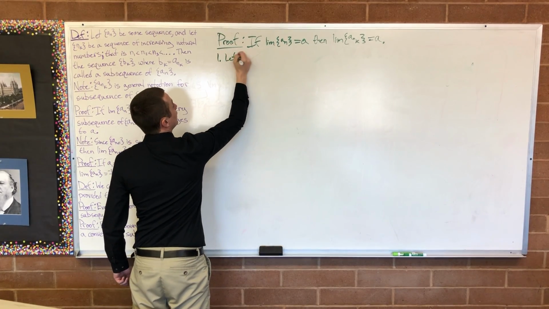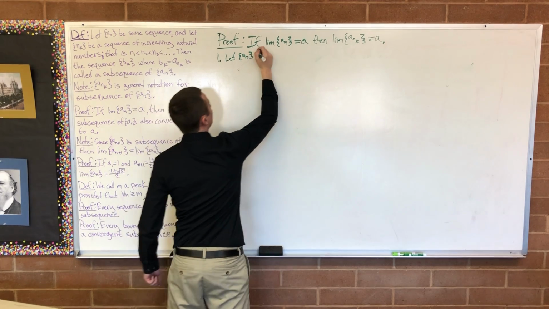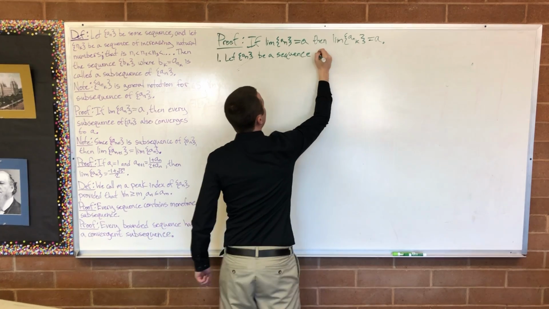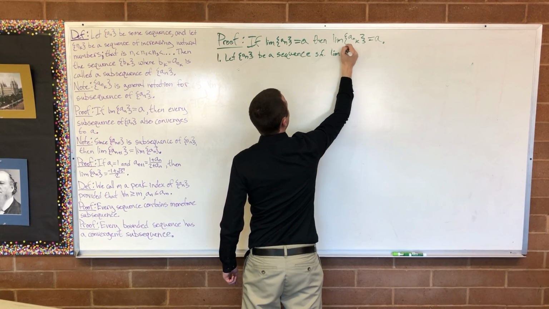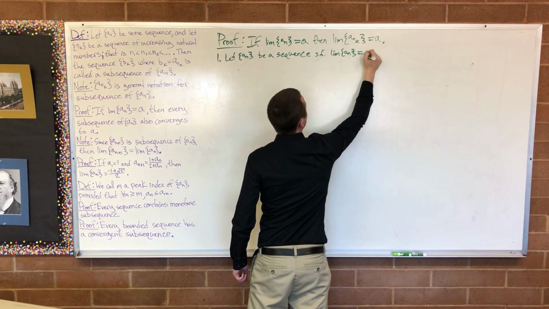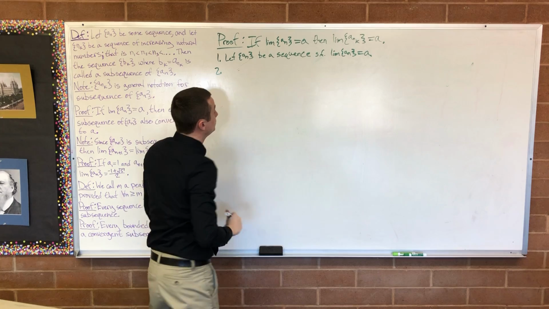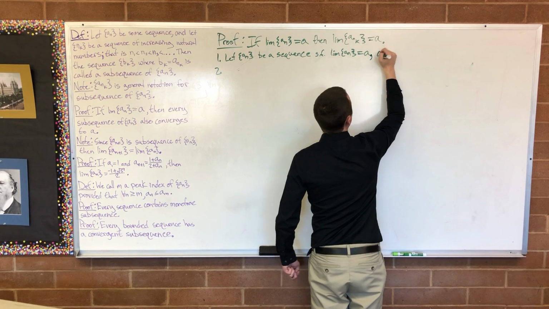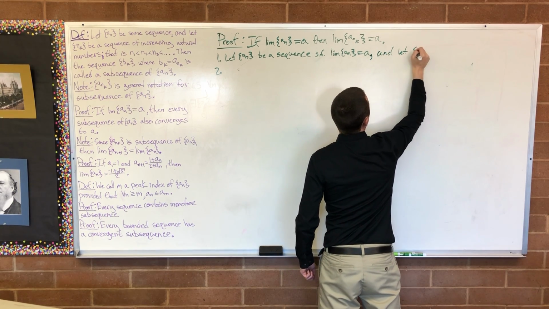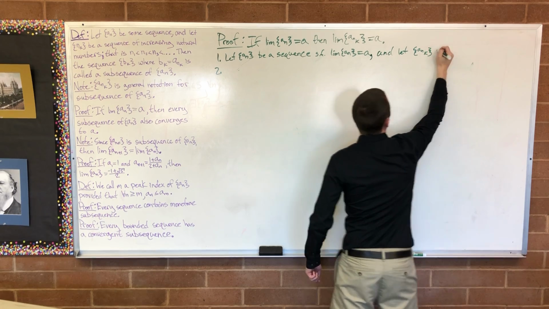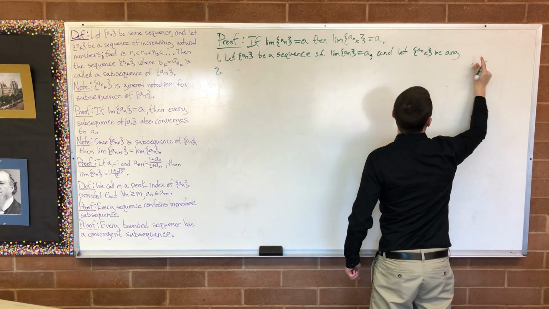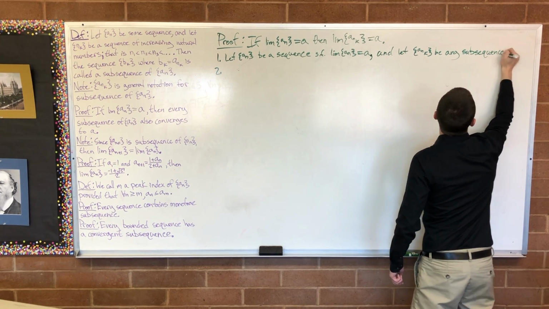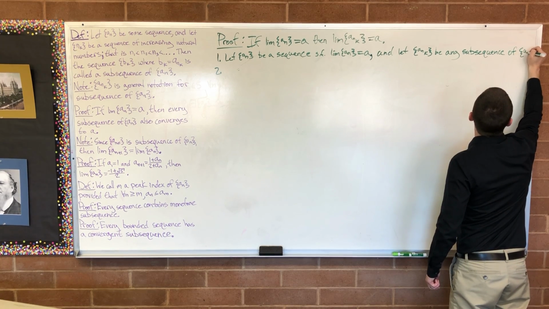So 1, let A sub n be a sequence such that the limit of A sub n is equal to A. 2, sorry, we need to get our subsequence too, and let A sub n sub k be any subsequence of A sub n.